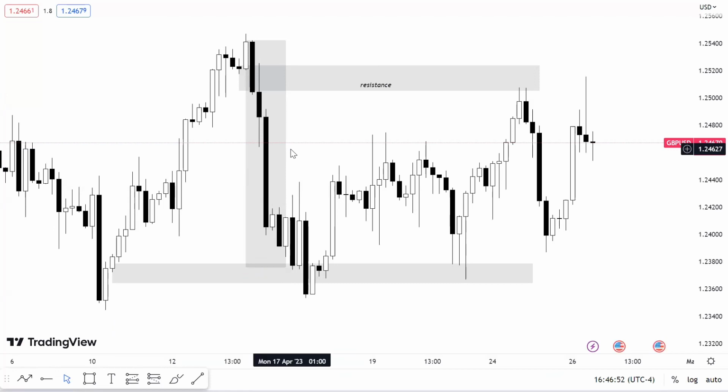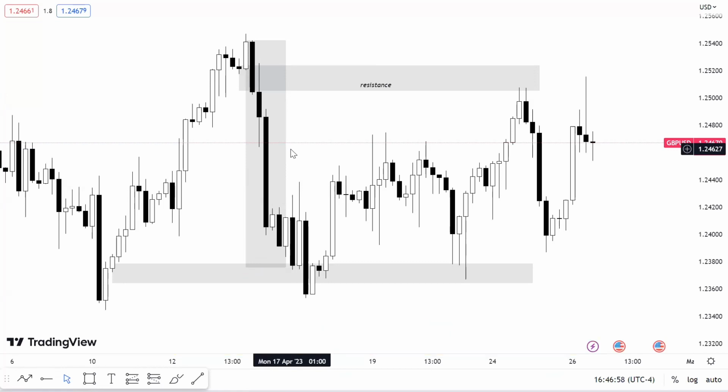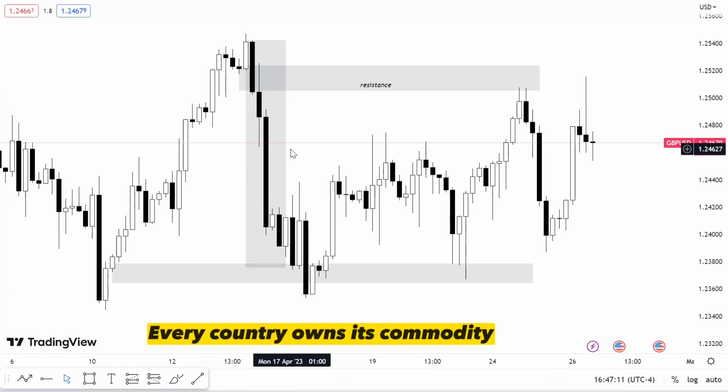Now, we do understand that these hedge funds, these big banks are the ones that are controlling price. So if, let's say, JP Morgan has 100 million, and they want price to go down, they will push the price down. And we do understand that every country owns their currency, right?